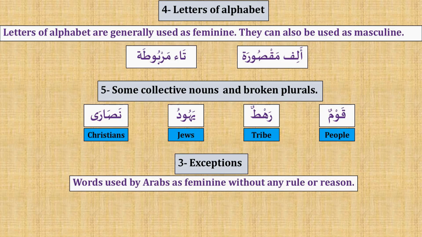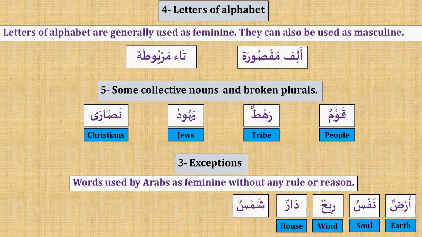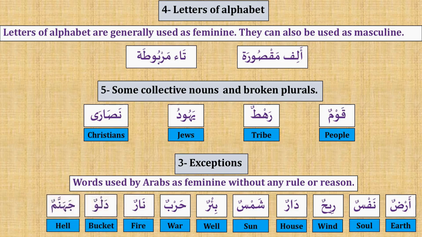They don't follow any of the previously mentioned rules, but they are used by Arabs as feminine, such as ardun, earth; nafsun, soul; rihun, wind; darun, house; shamsun, sun; bi'run, well; harbun, war; narun, fire; dalwun, bucket; jahannam, hell; and sama, sky. These are exceptions. They don't follow any rules mentioned above, but they are used by Arabs as feminine.